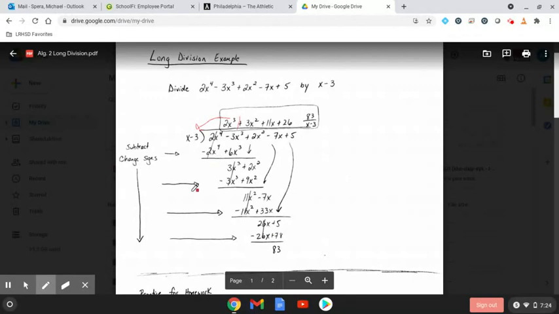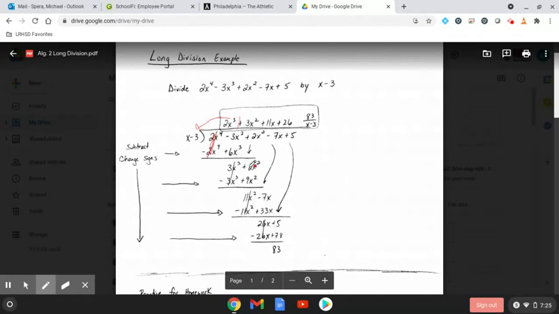After you multiply, you subtract, or in other words, change the signs. As you change the signs, these first terms now cancel, and that has to be. If they don't, you did something incorrectly. Then we combine or simplify, and we get 3x cubed, and we bring down one term at a time.